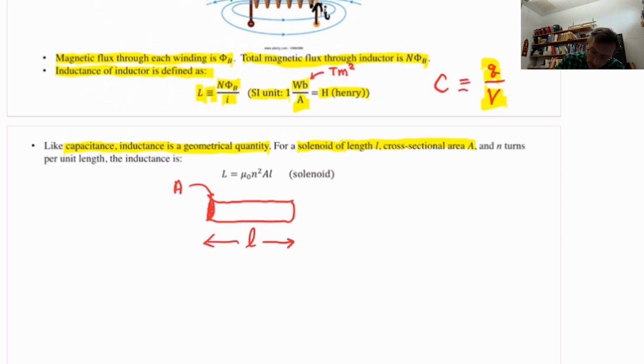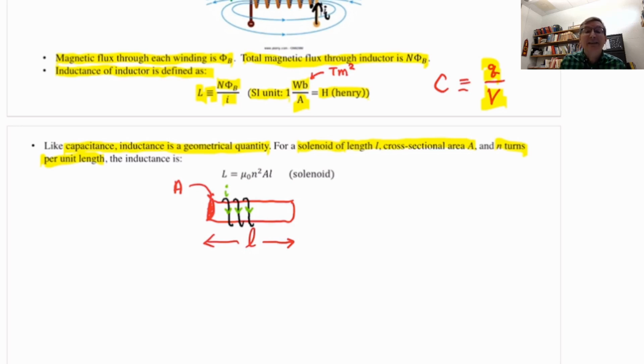I'll draw a few of them like that. They're going to be really closely spaced, and they run the whole length. And through each winding, I send some amount of current I around. That's a solenoid. It's got length L, cross-sectional area A. It's also got little n turns per unit length of the wire.